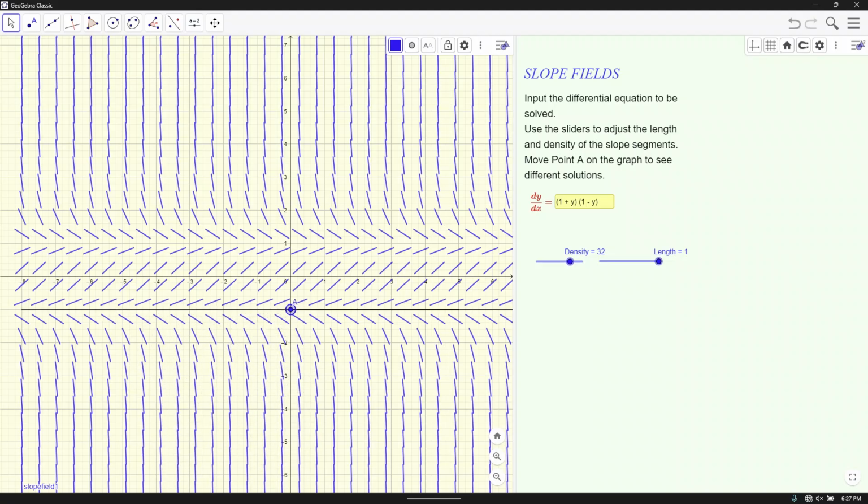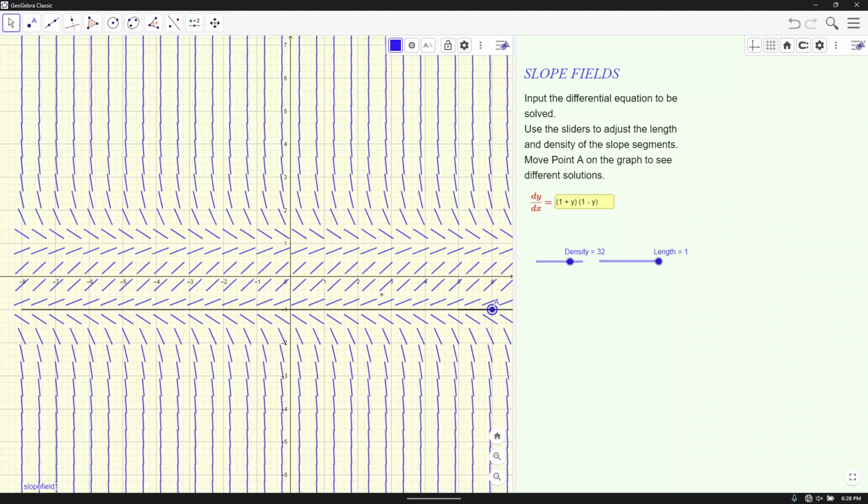Even just a slight perturbation, see how the slopes get very steep, and for really large values of t or x, depending on the independent variable, see how this goes to negative infinity. And here on a point above this one, this is going away from the horizontal line that represents the equilibrium solution. You can see from the slope field how the slopes are going away from the horizontal line.